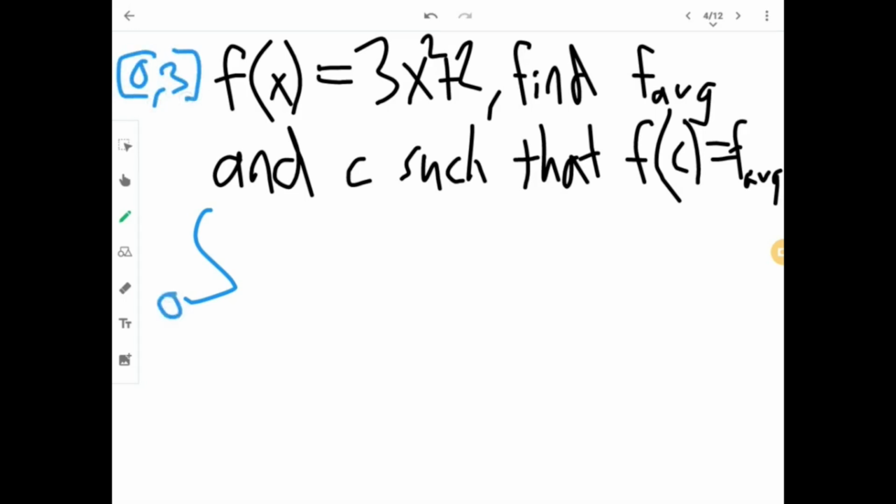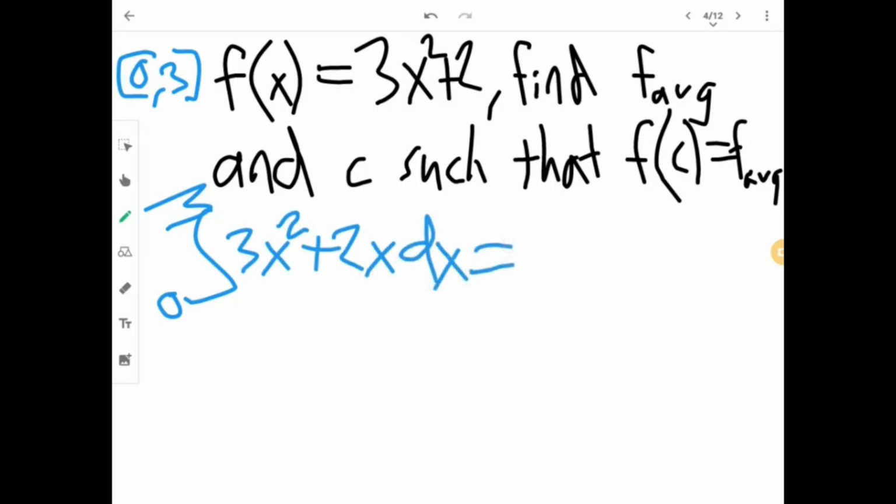The integral from 0 to 3 of 3x squared plus 2 dx. Then you just solve a normal integral. 3x squared is x cubed over 3 times 3, so it just becomes x cubed, and then plus 2x, from 0 to 3.